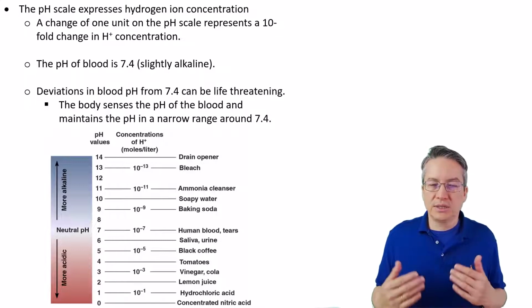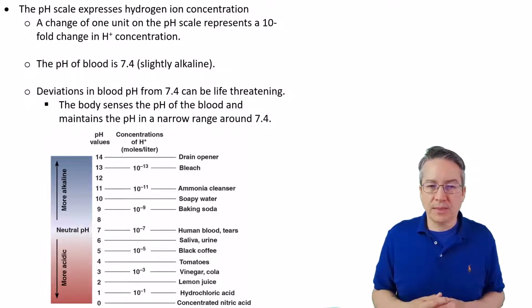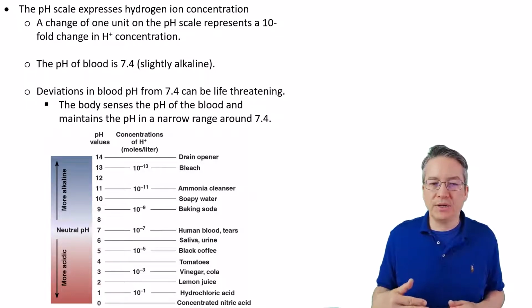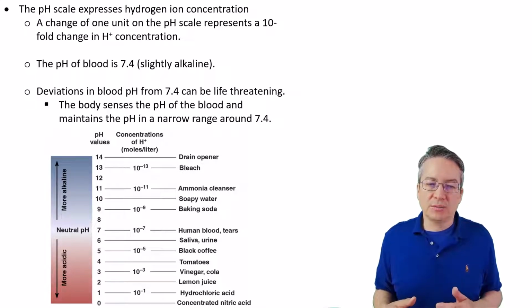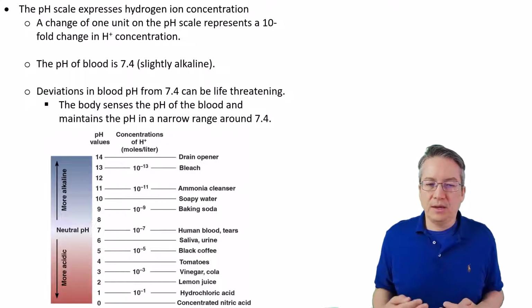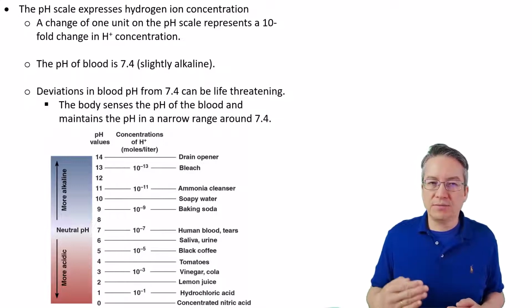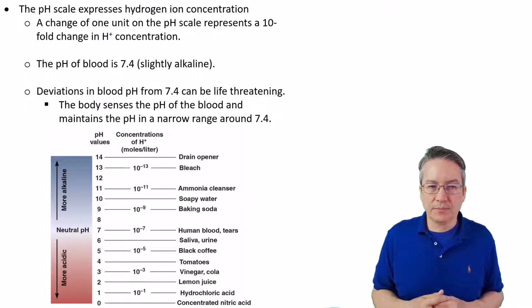So it's 10 times greater in saliva compared to human blood. And we could go even further. Let's take black coffee. It has a pH of 5, meaning that the hydrogen ion concentration of black coffee is 10 to the minus 5 moles per liter. That's going to be 100-fold greater than the hydrogen ion concentration of human blood.